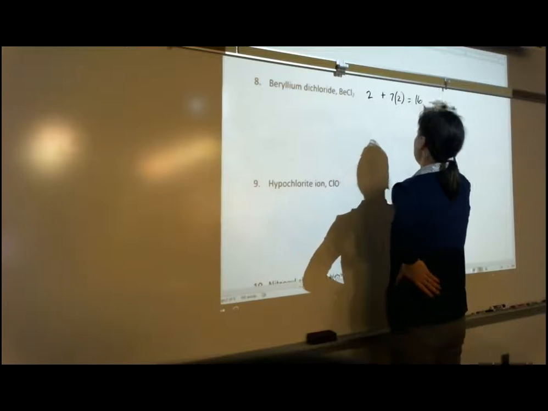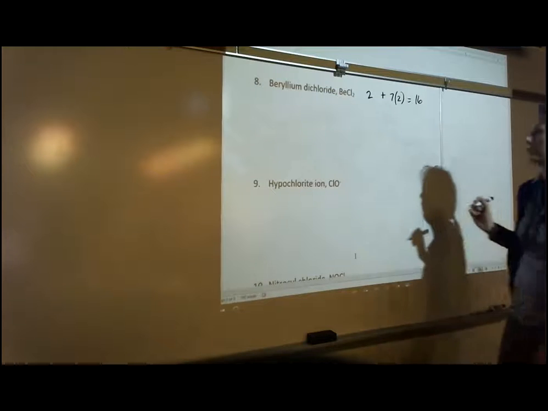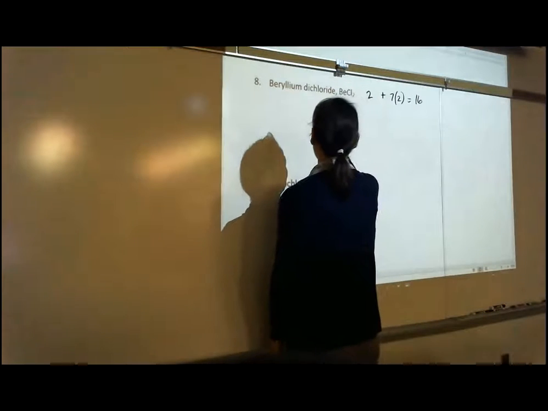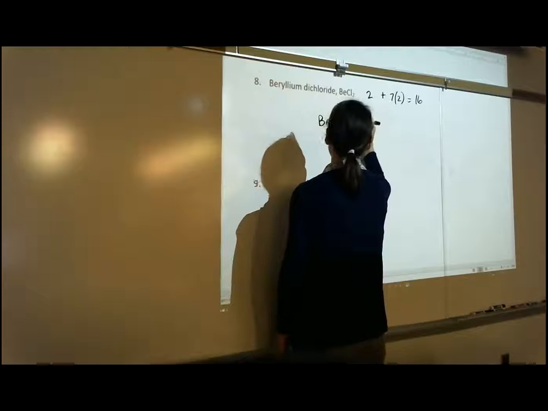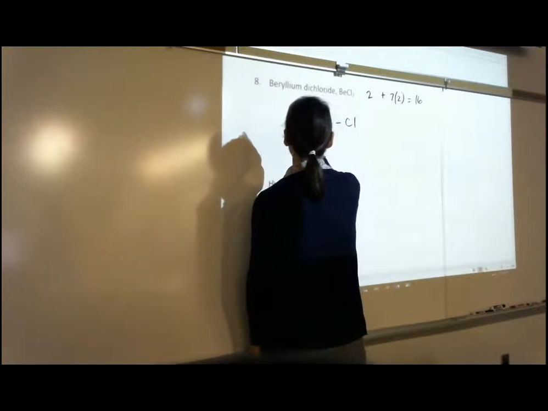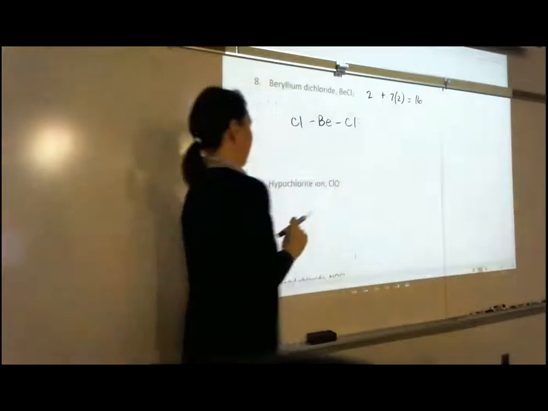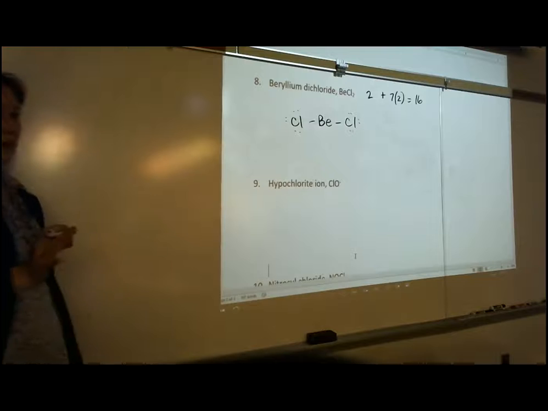So I've got 16. Who's the central atom? Beryllium. So Be, and then Cl, Cl, 2, 4, 6, 8, 10, 12, 14, 16. And that's it. That's all I have to do.